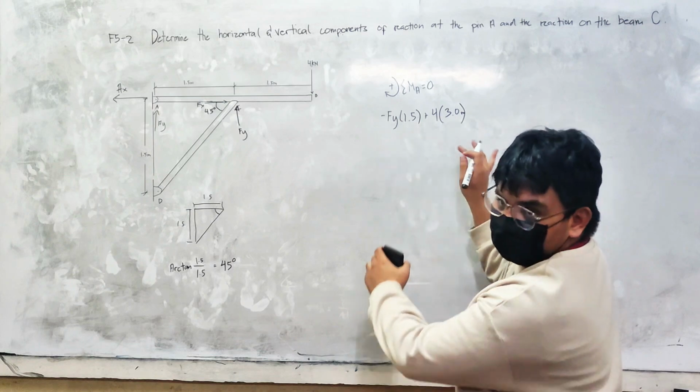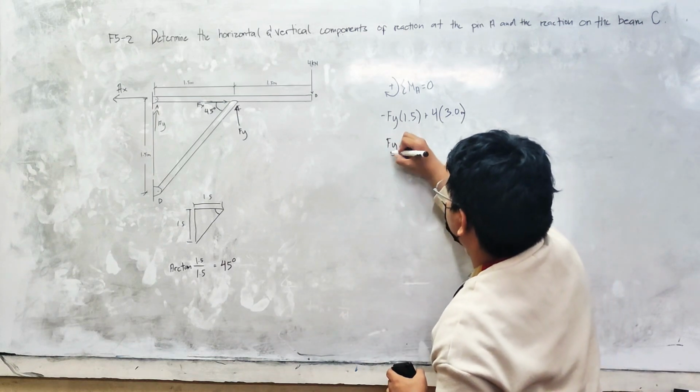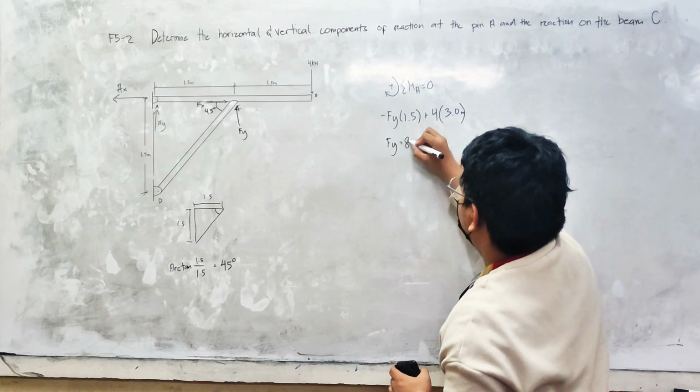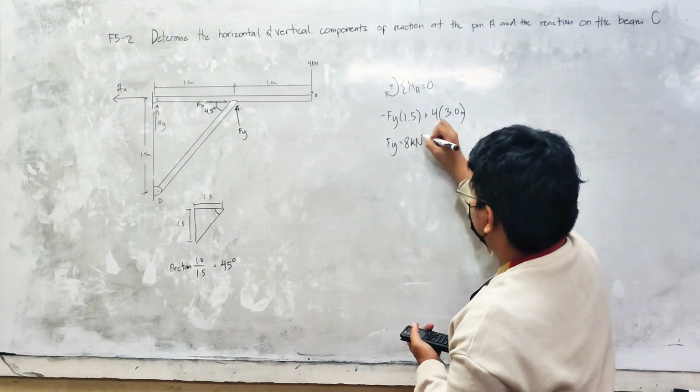Then we're going to transpose, which is we have our answer. Fy is equal to 8 kilonewton.